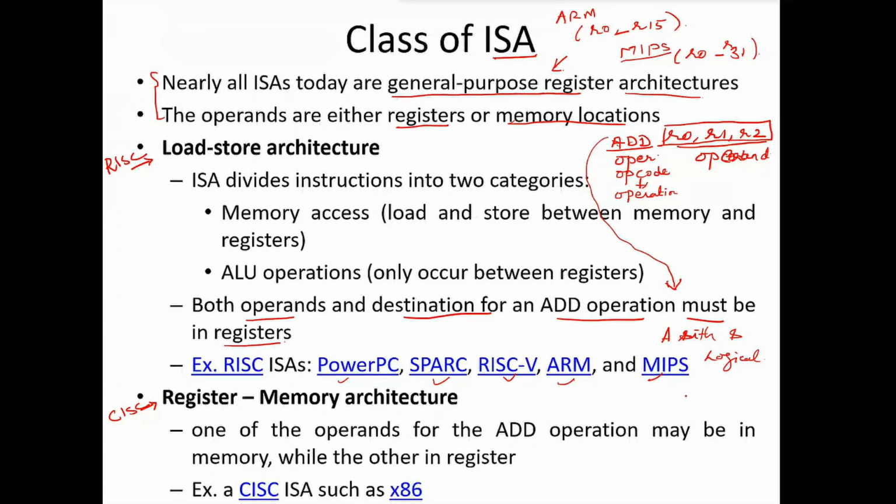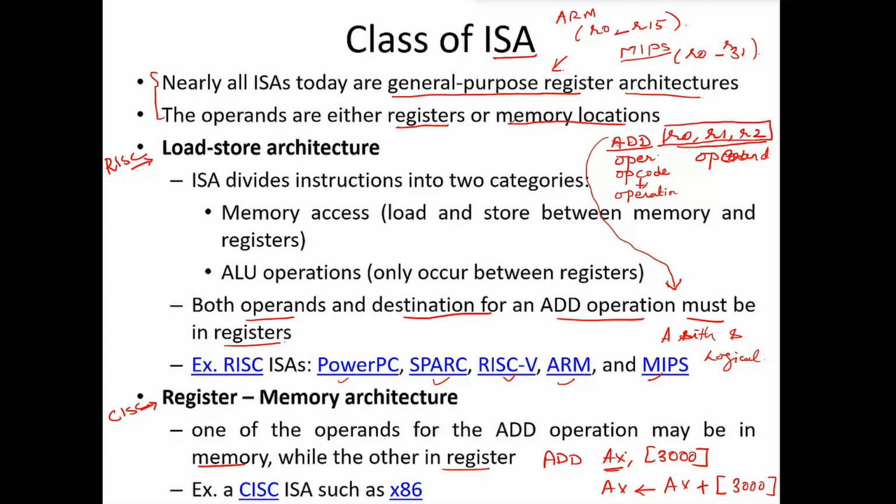The next one is the register-memory architecture. In this case, one of the operands for the operation may be in memory while the other is in a register. For example, add AX, 3000. Whatever data is in AX will be added with the data in location 3000 and stored in the register AX.